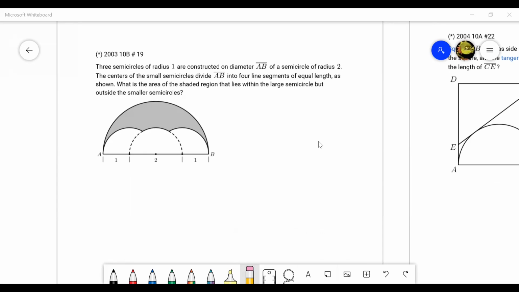Just find extra lines that will make it so that the area is calculable, basically. So right off the bat, we can see that the shaded area does not have any specific formula that you can use. So we have to try to break up these semicircles into areas that we do know how to find.